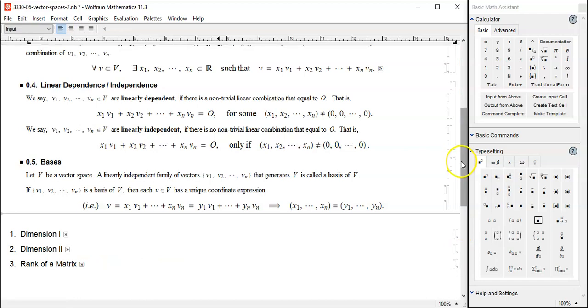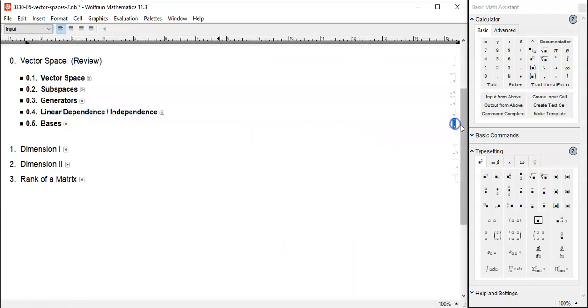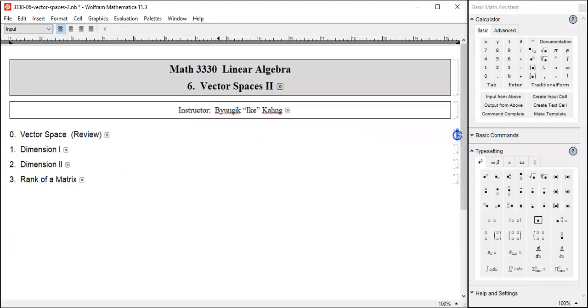And once we have the dimension concept, we're going to open up some other things and talk about rank of linear maps and rank of matrices and things like those as well. But the primary goal right here is the dimension.